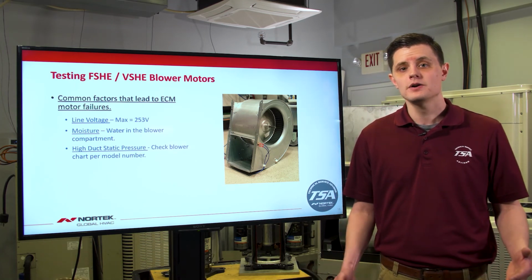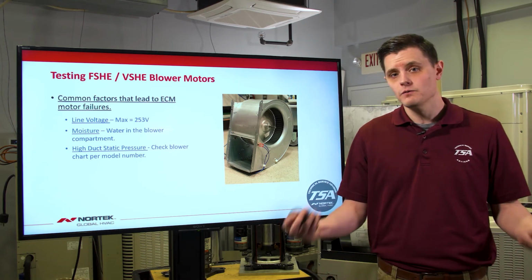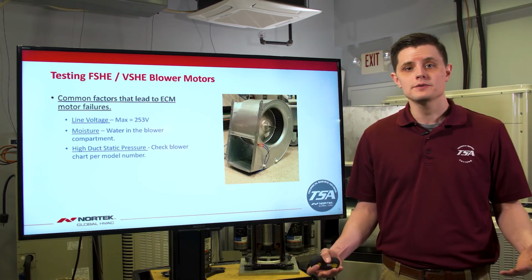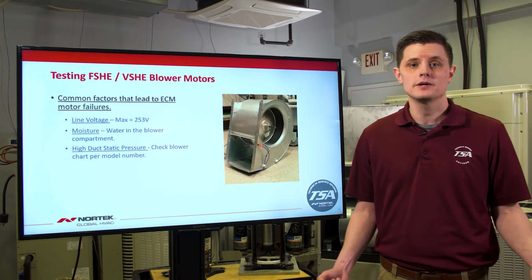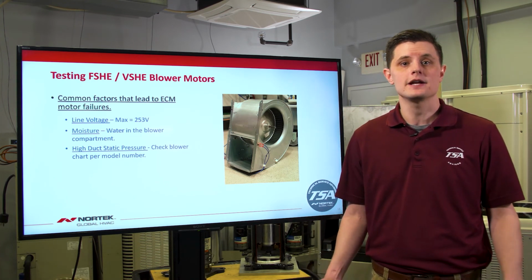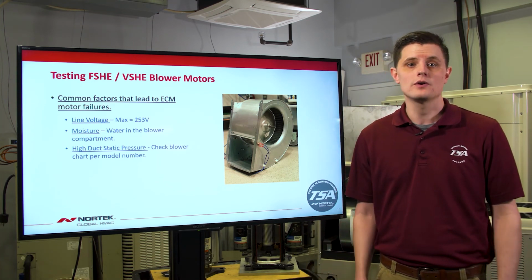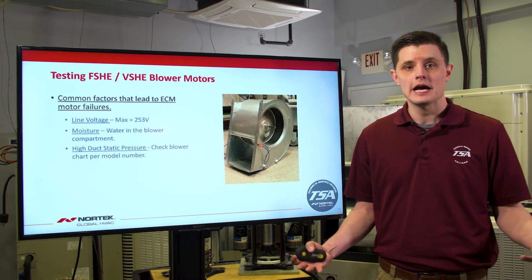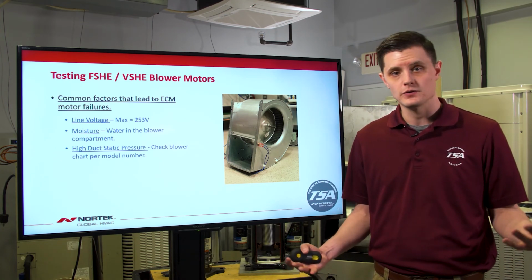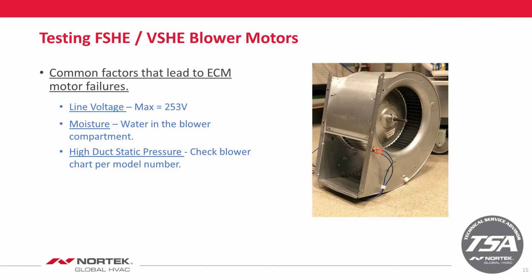So, for example, on a variable speed setup, if you have a higher static, that blower motor is going to have to work harder to push the CFM output you have selected for that install. If it has to work a lot harder for an extended period of time, it may prematurely go out on you, mainly due to a high static pressure.